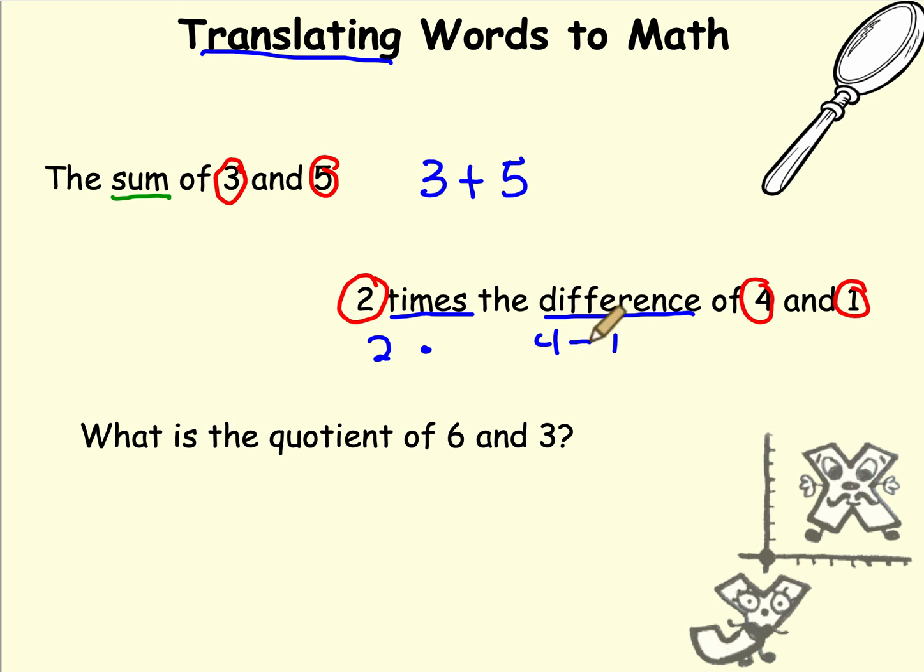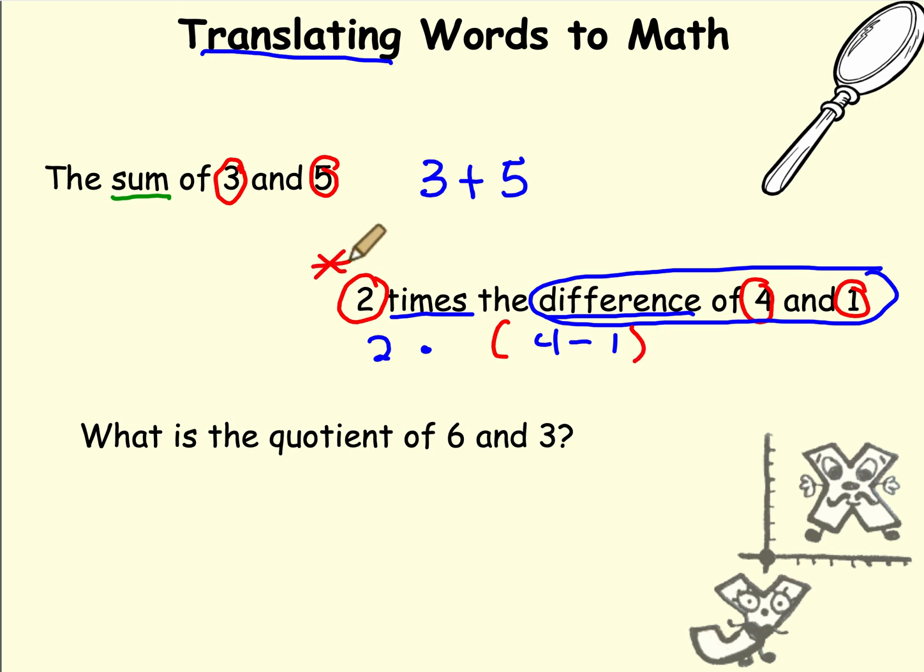If I do order of operations, I would do 2 times 4, and then I would subtract 1. But it says I have to subtract the 4 and the 1 first. That means I have to use parentheses in order to make it multiplying 2 by the difference of 4 and 1.